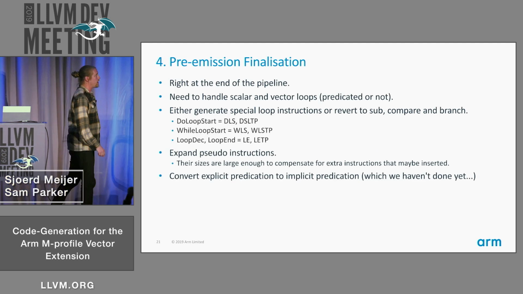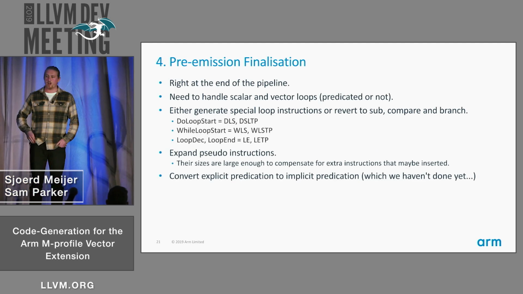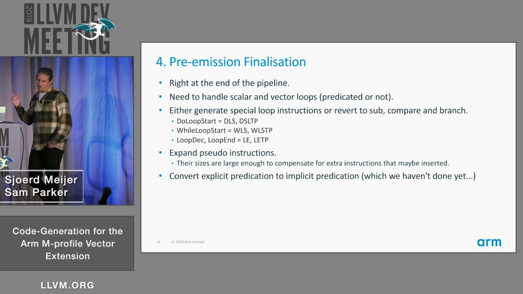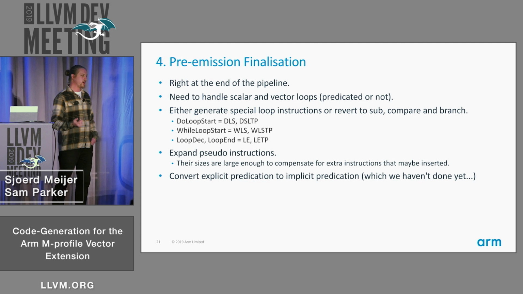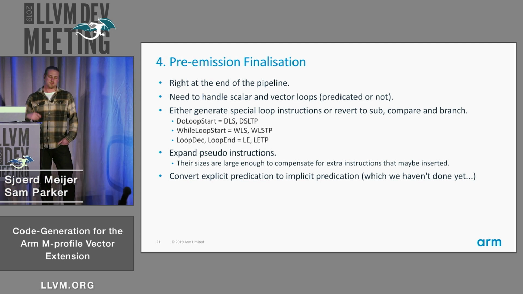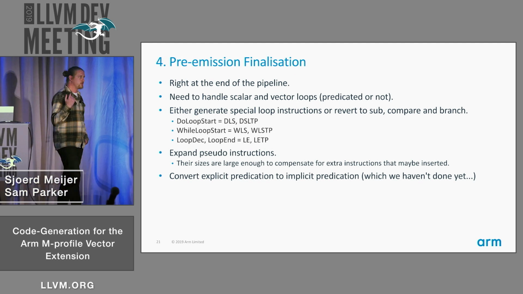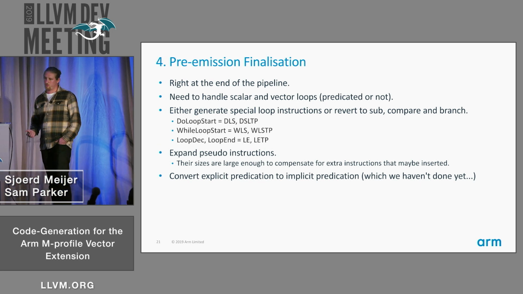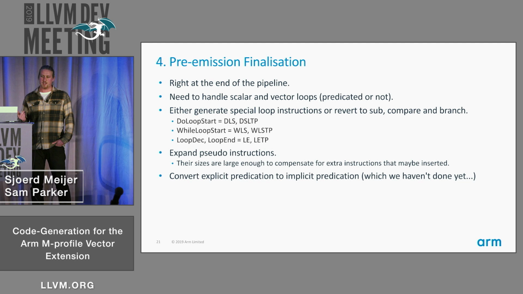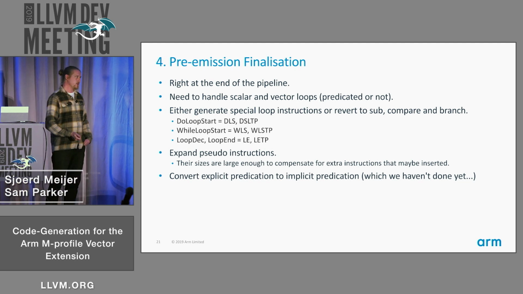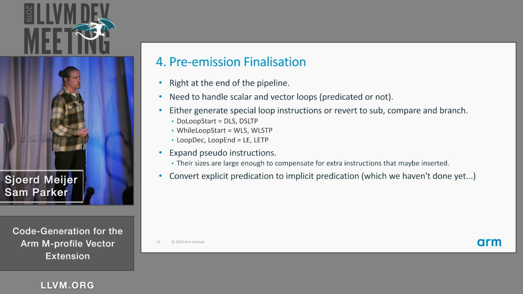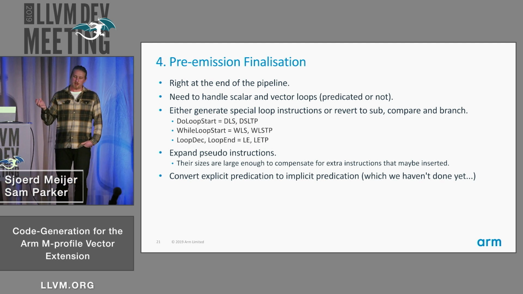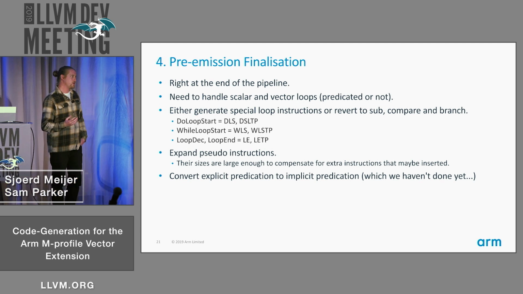Right at the end of the pipeline is where we're going to do our finalization. We've done register allocation, we've done scheduling, we've inserted our VPT blocks to perform the predication. Now we need to decide if we're going to generate a hardware accelerated loop or we're going to have to fall back to a generic loop. Whatever we do, we need to expand our pseudo instructions, because we expand our pseudos possibly into more than one instruction.